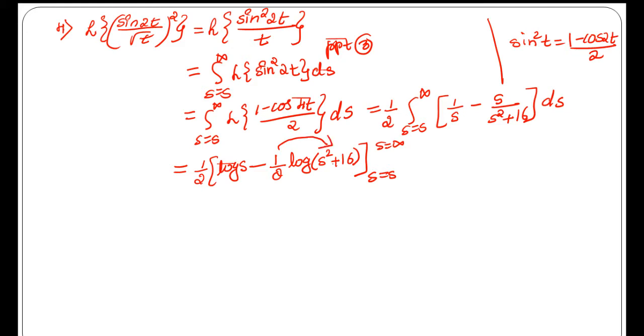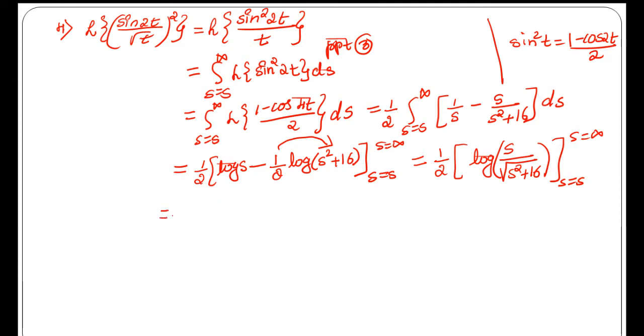For n log m, you can write it as log m power n, and log m minus log n is log m by n. So log of (s square plus 16) to the power half, that's nothing but the square root of s square plus 16. Apply the limit from s to infinity.